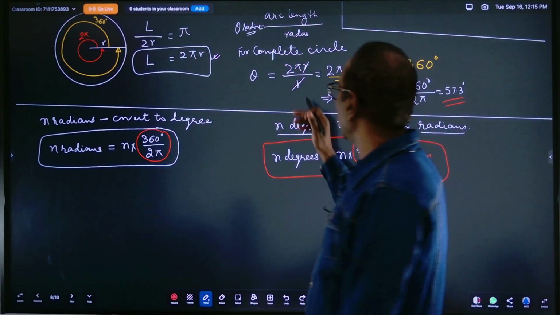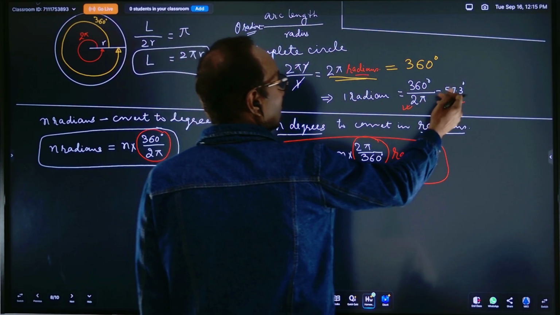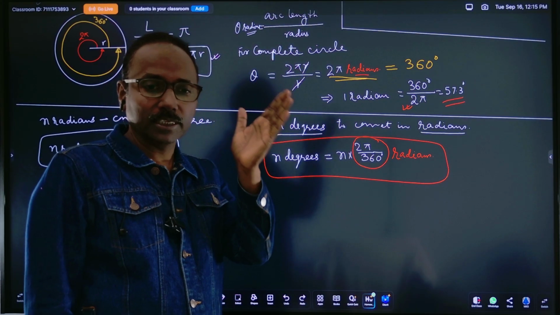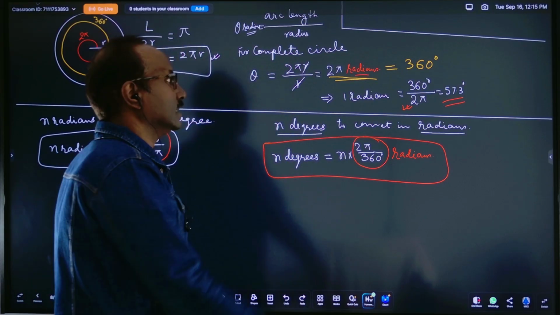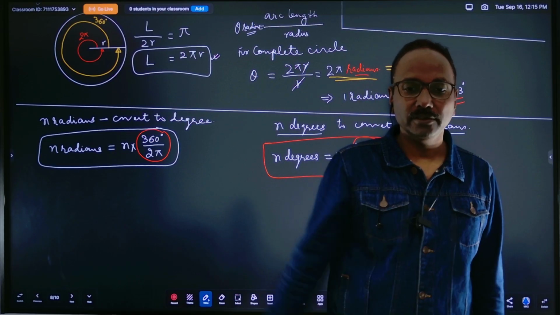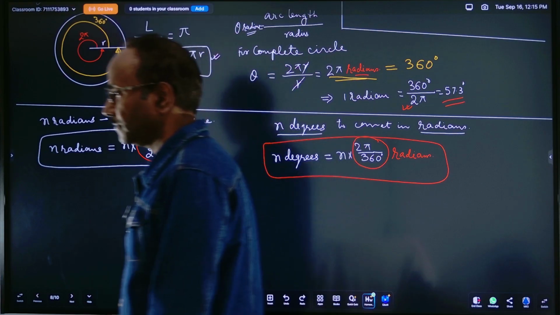You might have noticed that 1 radian is 57.3 degrees, which means a radian is much bigger than the unit value of the degree.